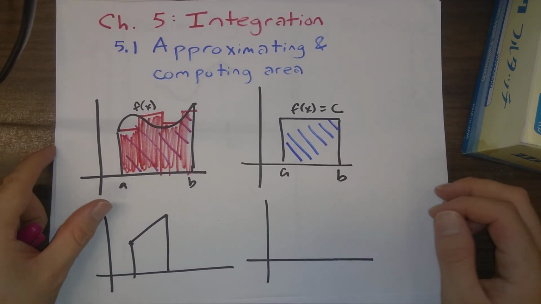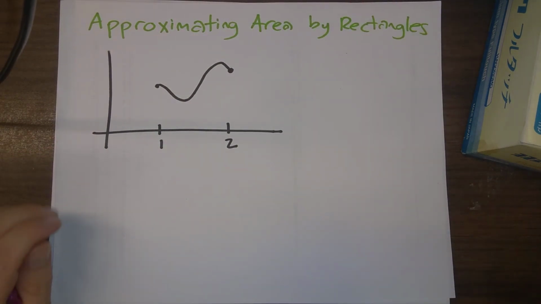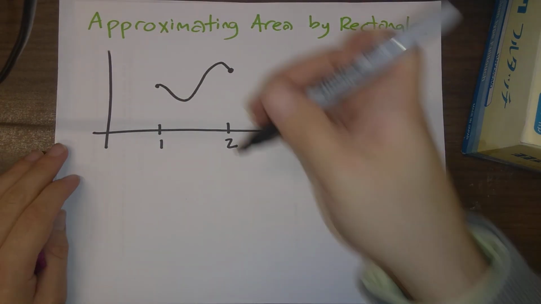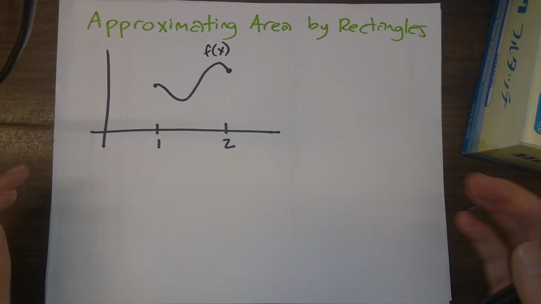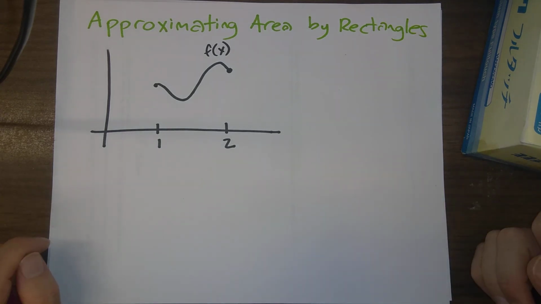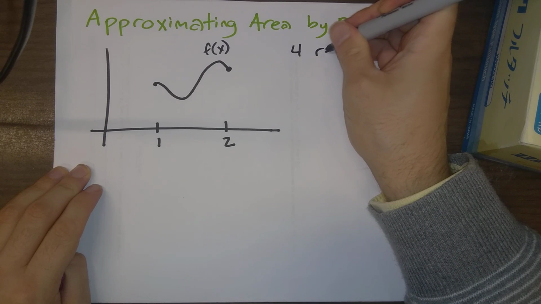Let's think about how we can do this more systematically. So our goal here, of course, is to approximate area by rectangles. Let's say this is our function f of x, and I just put on here 1 and 2. Now, suppose that we want to approximate the area under this curve with 4 rectangles.